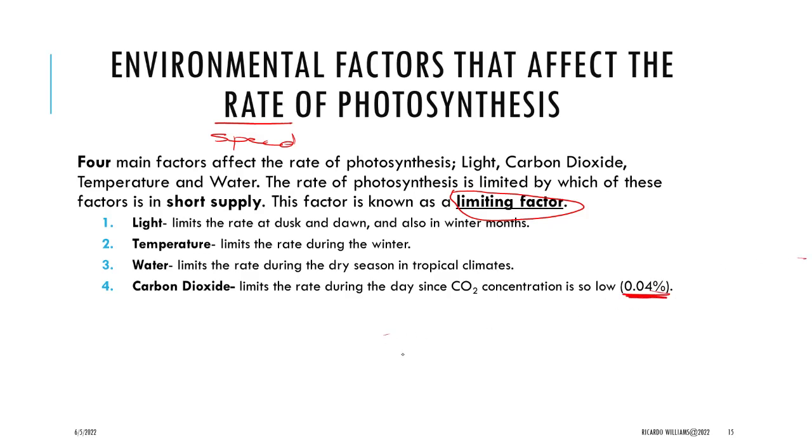So if I increase light, temperature, and water, and all of these are in good supply, because carbon dioxide is at 0.04 percent and is not going to get any higher than this, then even though water, light, and temperature are in good supply, carbon dioxide after a while is going to become short. Because it becomes short, we say that carbon dioxide is the limiting factor.